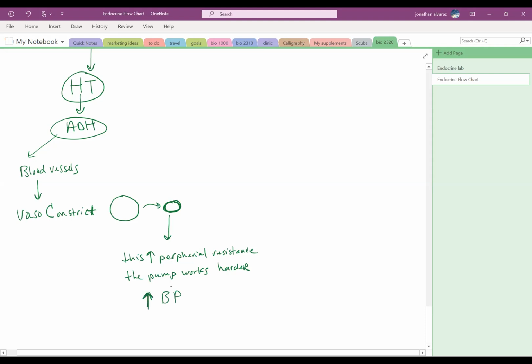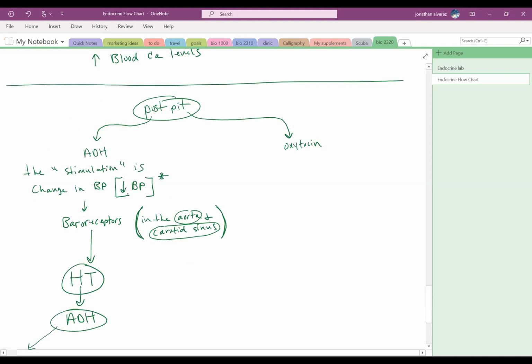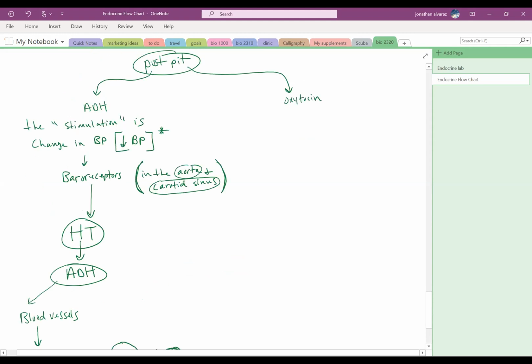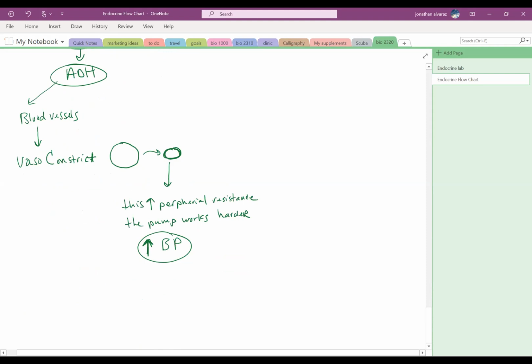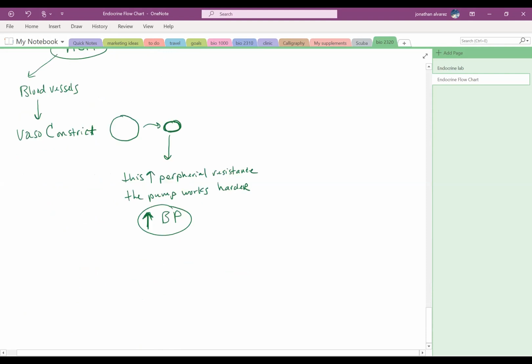Now remember, what caused this is the person had a drop in blood pressure. If the blood pressure is too low, that's not good. So the body can compensate, and in this case, it's doing it through vasoconstriction, which increases blood pressure. So within homeostasis, this is normal, this is good, this is fine.